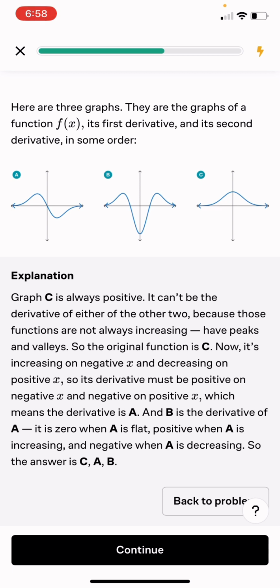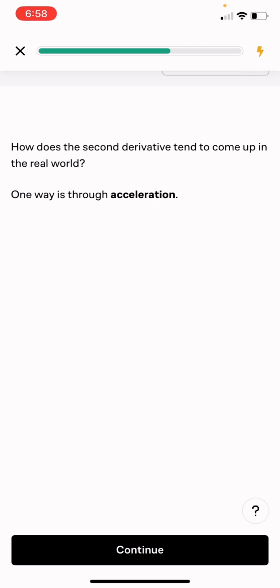How does the second derivative tend to come up in the real world? One way is through acceleration. Suppose we are taking a road trip, and we set the trip meter in our car to 0 as we set off. As we travel, the trip meter counts the miles we have traveled since we left. This gives a function x of t that measures the miles traveled as a function of time.